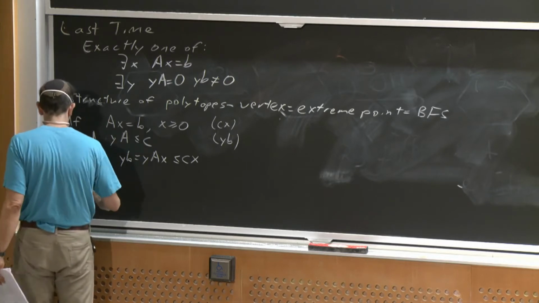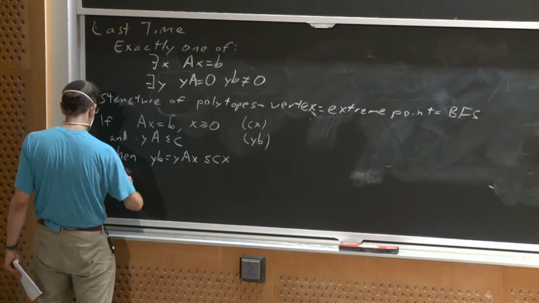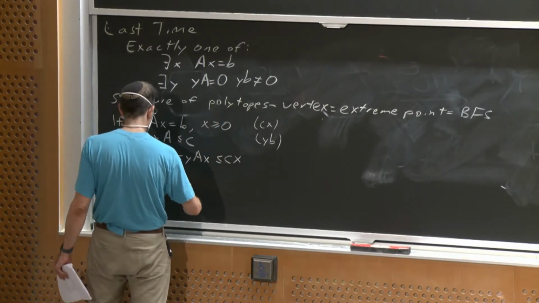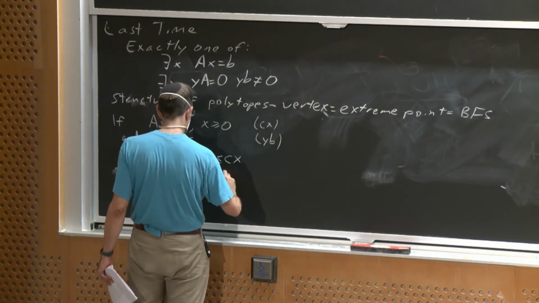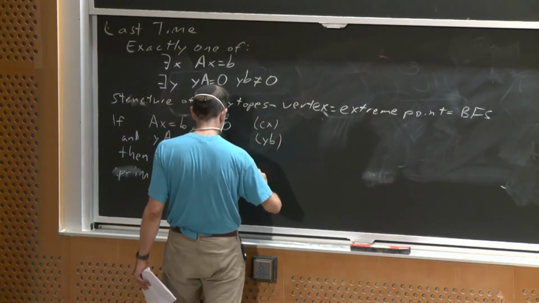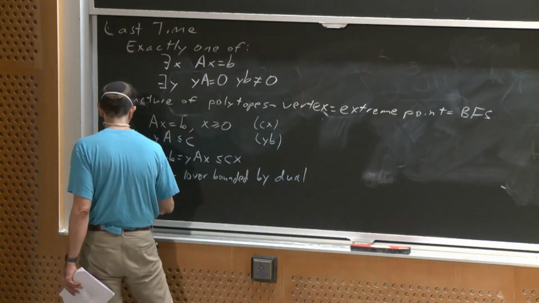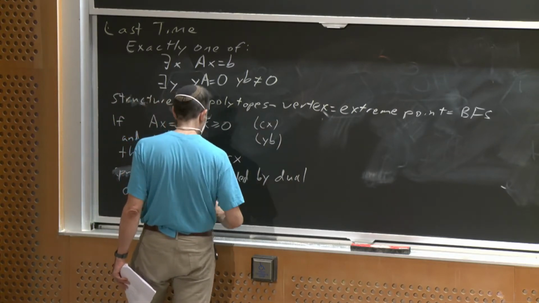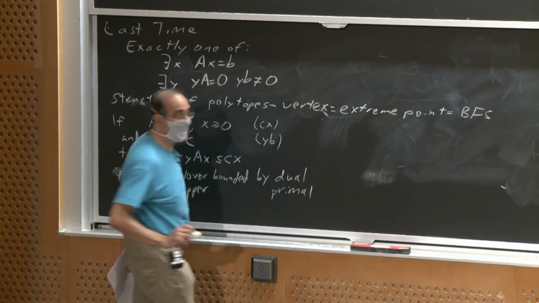So the primal linear program is lower bounded by the dual linear program, and conversely, the dual linear program is upper bounded by the primal linear program.